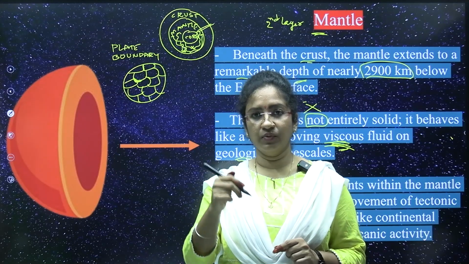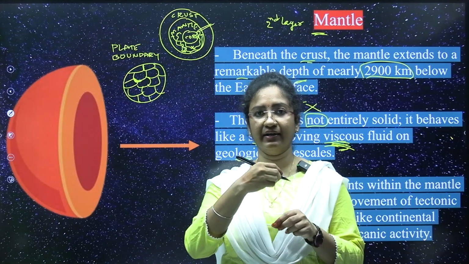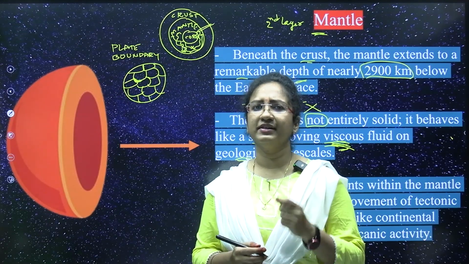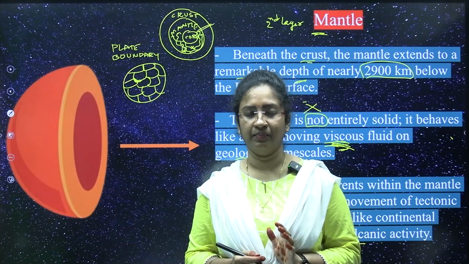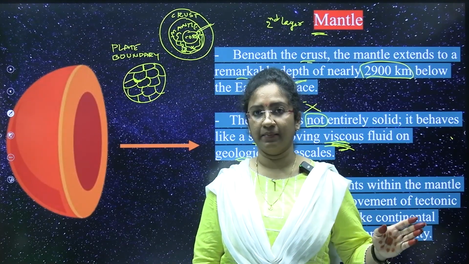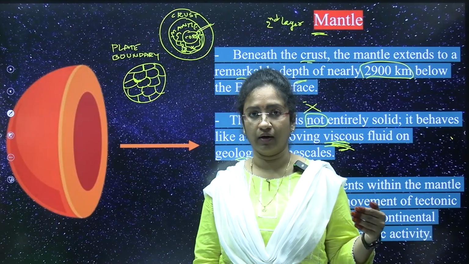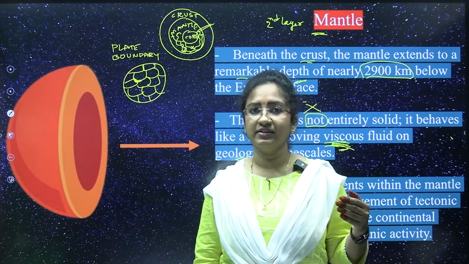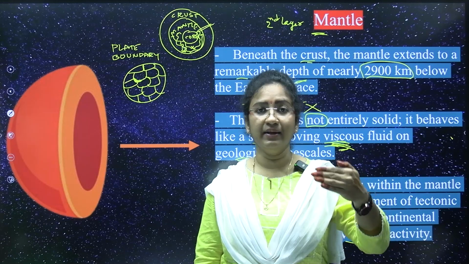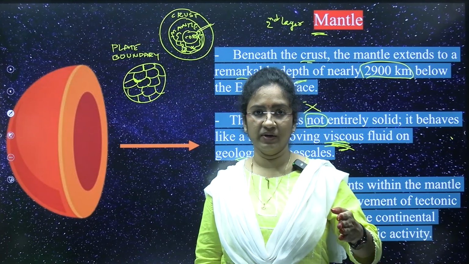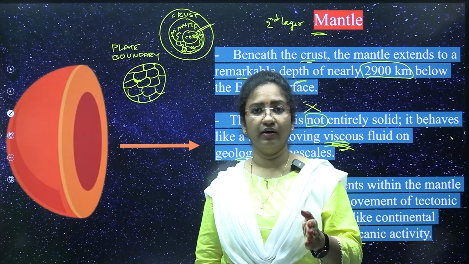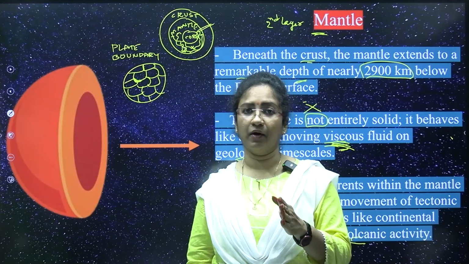The place where the two countries meet, that line is called a boundary. Or take an even simpler example: your home and your neighbor's home have a boundary line, a boundary wall. What does it mean? It is the limit until which your home extends, and the limit until which your neighbor's home extends. That is a boundary line.